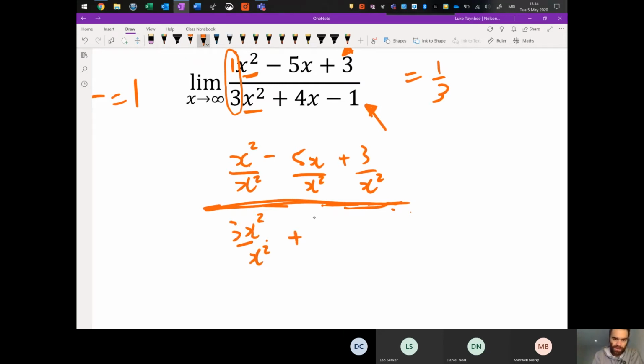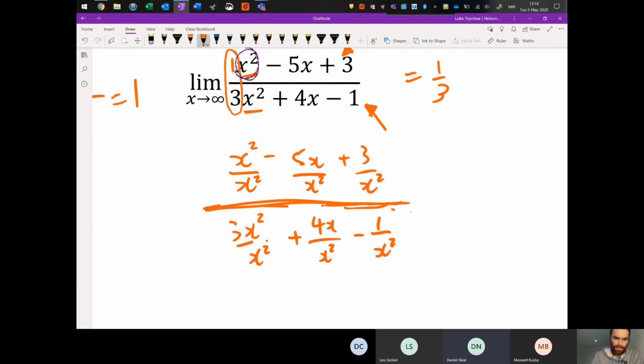Does that make sense? We divide each of those terms by x squared because x squared is the biggest power of x. 2 is the biggest power of x.